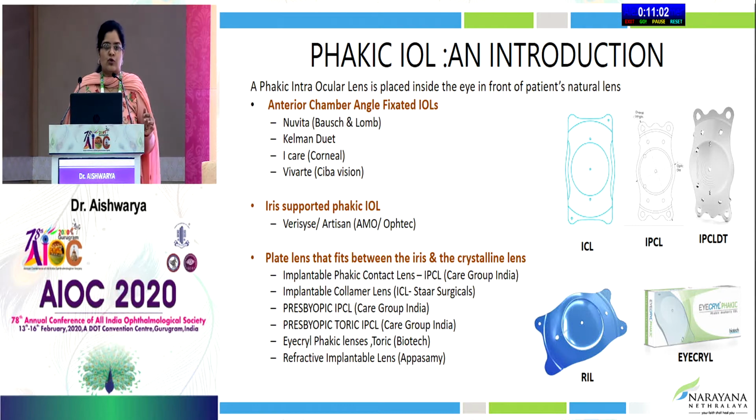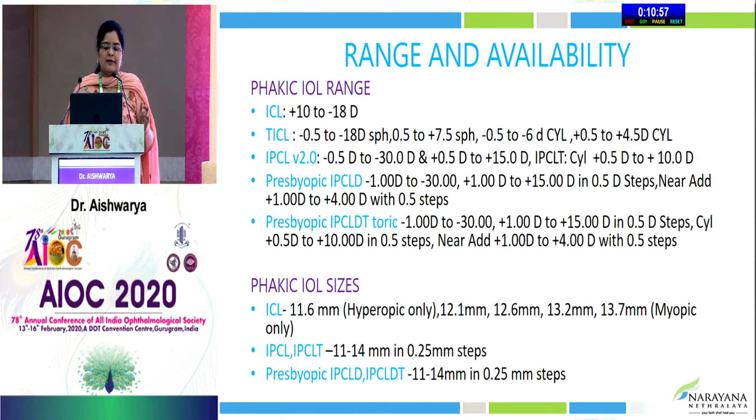What's important to note is that these lenses, although they look similar, have different IOL ranges and IOL sizes. The first is something which we use on a regular basis, although it's on the slightly pricier side, but this is one of the most acknowledged and very well working lenses, that is ICLs and TICLs, those toric lenses.